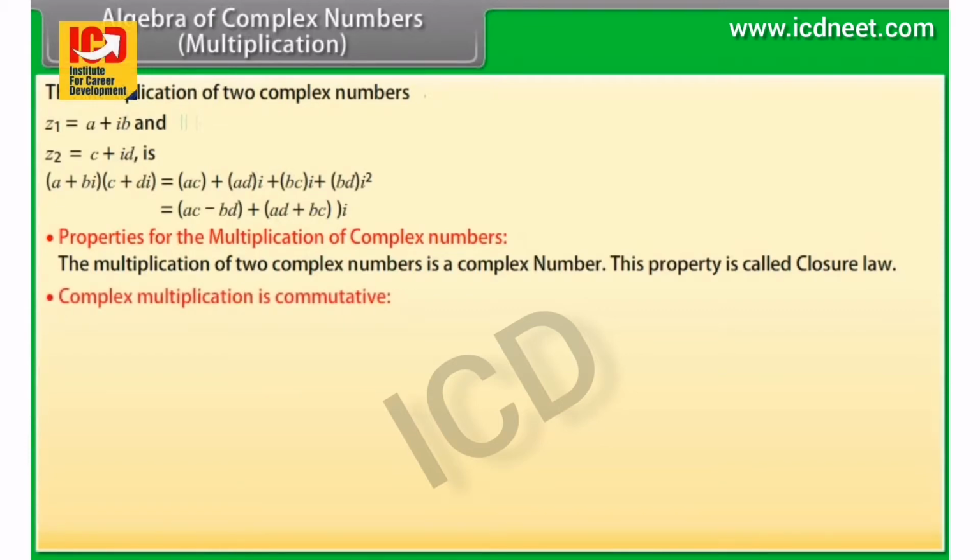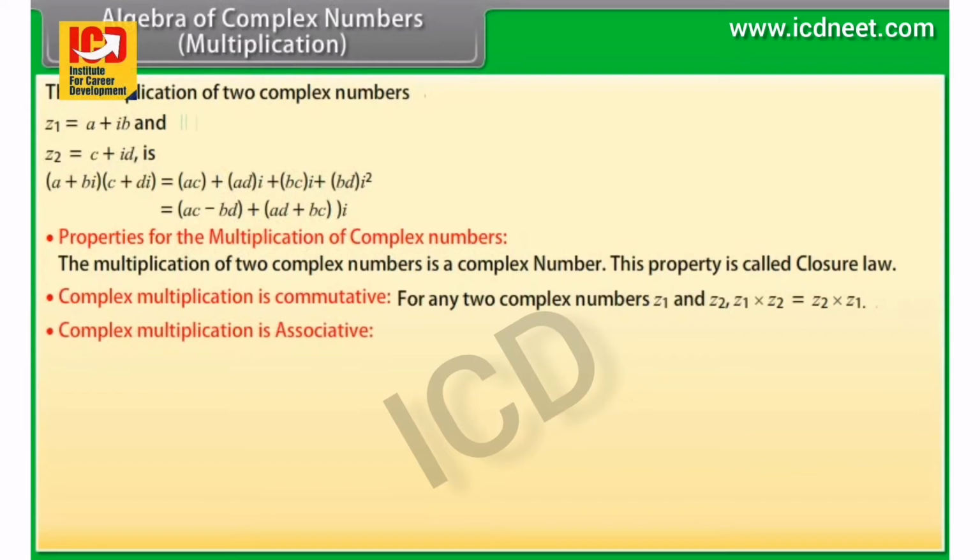Complex multiplication is commutative. For any two complex numbers z1 and z2, z1 into z2 is equal to z2 into z1. Complex multiplication is associative. For any three complex numbers z1, z2, z3, (z1 into z2) into z3 is equal to z1 into (z2 into z3).